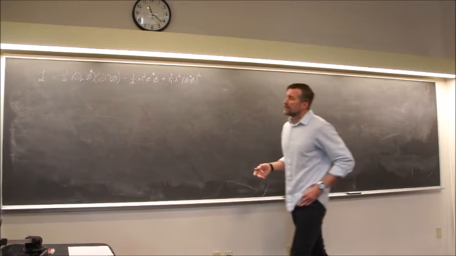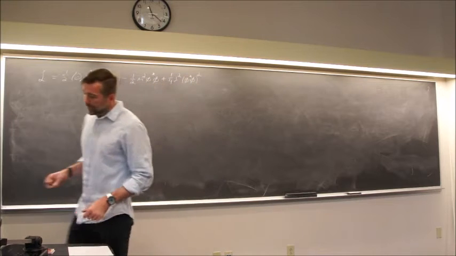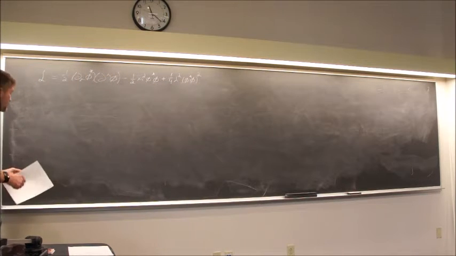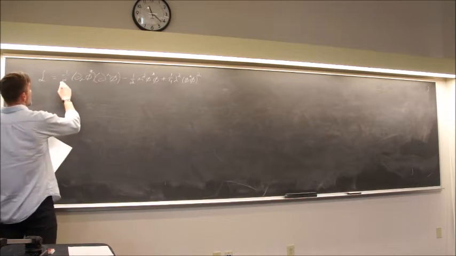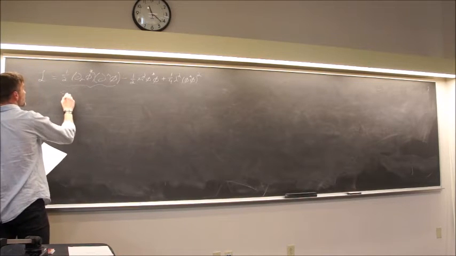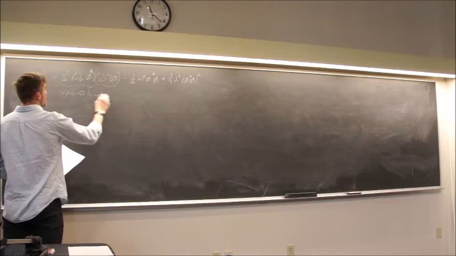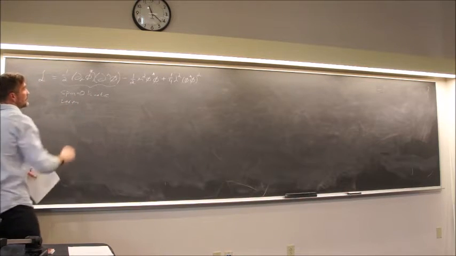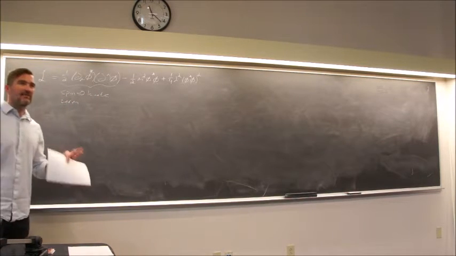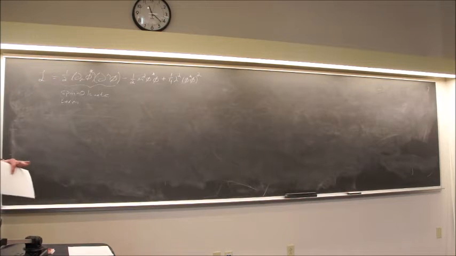All right. So if we look at this thing, we recognize some familiar stuff. That's my spin zero kinetic term. That's the term that's kind of like the velocity squared.